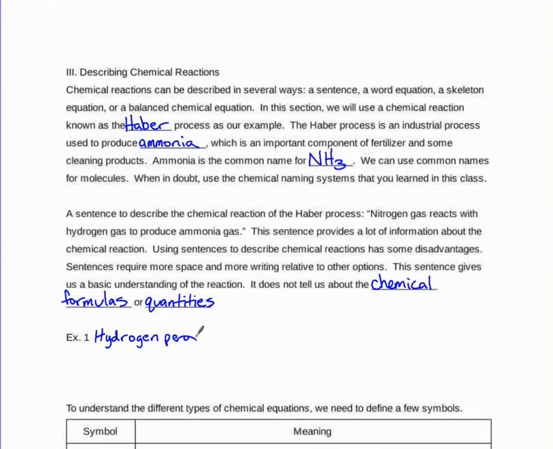Hydrogen peroxide solution reacts to produce water vapor and oxygen gas.